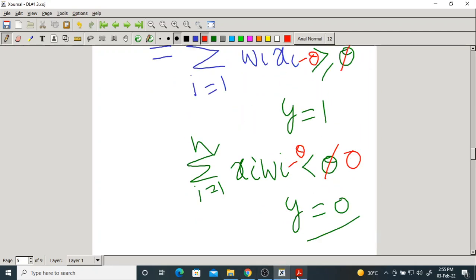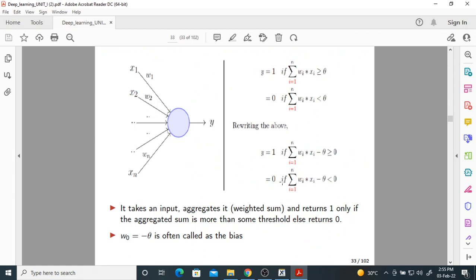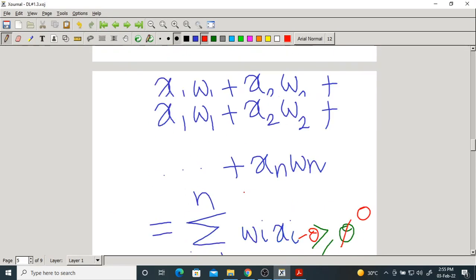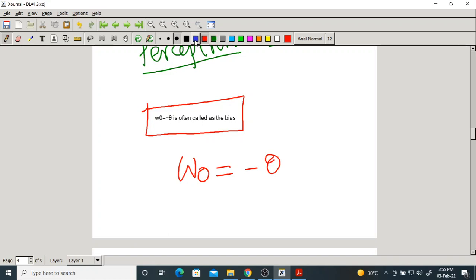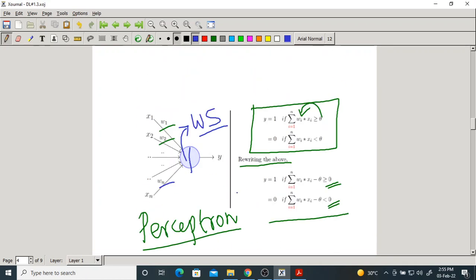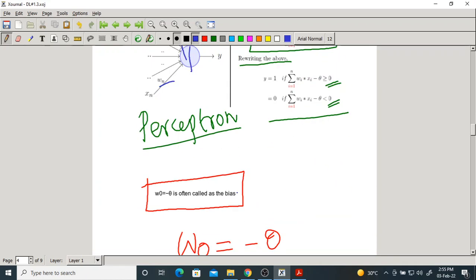Now here we have something very important called bias. Omega naught, which is equal to minus theta, is called bias. So minus theta is nothing but omega naught.